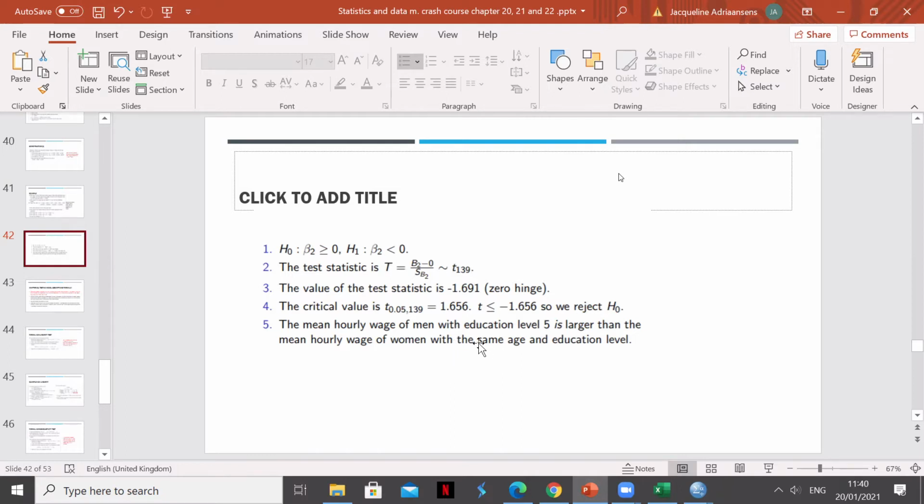As long as you include all terms, so say the same age and education level 5, and make the correct conclusion.